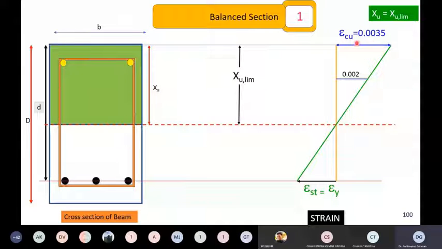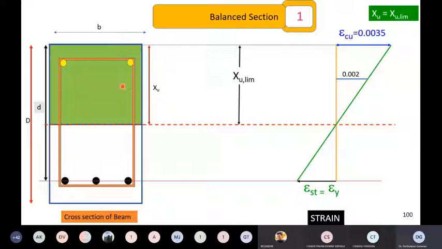At this point, the strain in the concrete will be 0.0035. Simultaneously, the strain in the steel here, at the level of steel also, will attain yield strain. Okay, such a section is called balance section.